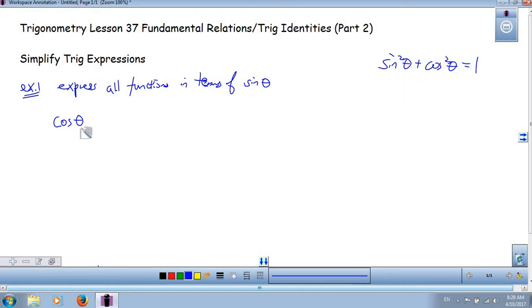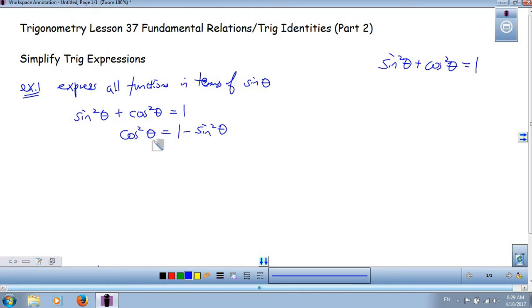So if we want to express cosine theta in terms of sine theta, we have to use this equation to solve for cosine. To solve for cosine, I have to subtract sine squared theta from both sides. So cosine squared theta equals 1 minus sine squared theta. This is going to be an important expression as well.